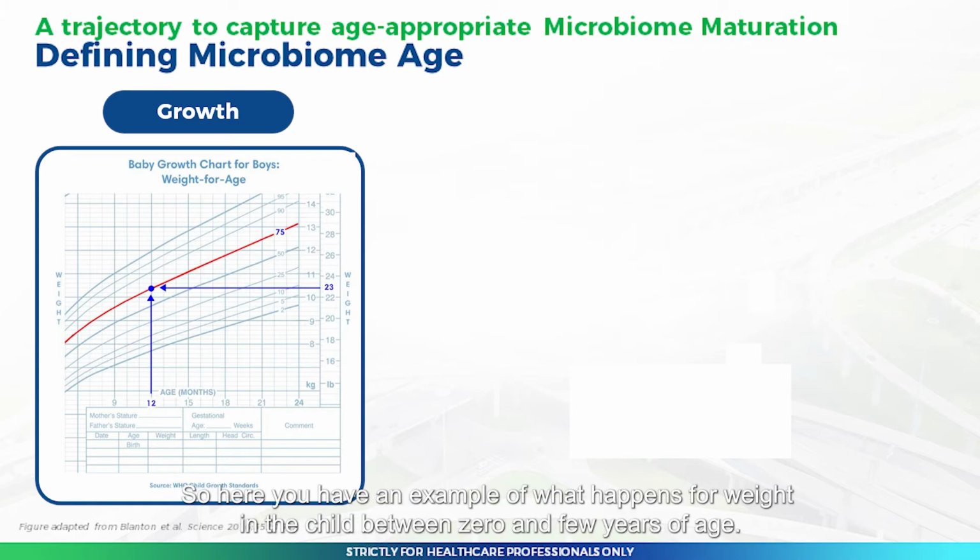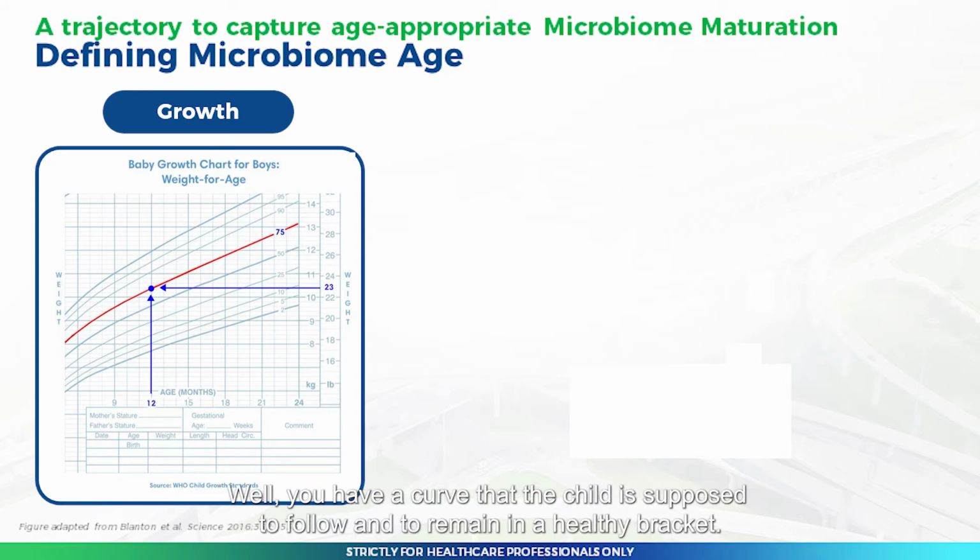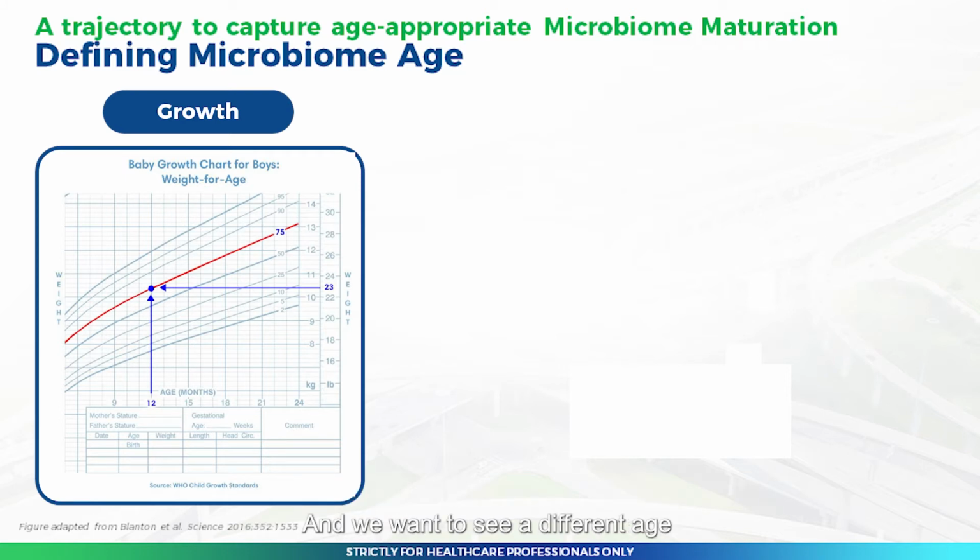Here you have an example of what happens for weight in a child between 0 and a few years of age, where you have a curve that the child is supposed to follow and remain in a healthy bracket. We want to see at different ages where the child is on this weight range. And then, if you see that the child deviates, you can start to think about how we can intervene to help them go back towards a normal weight range.